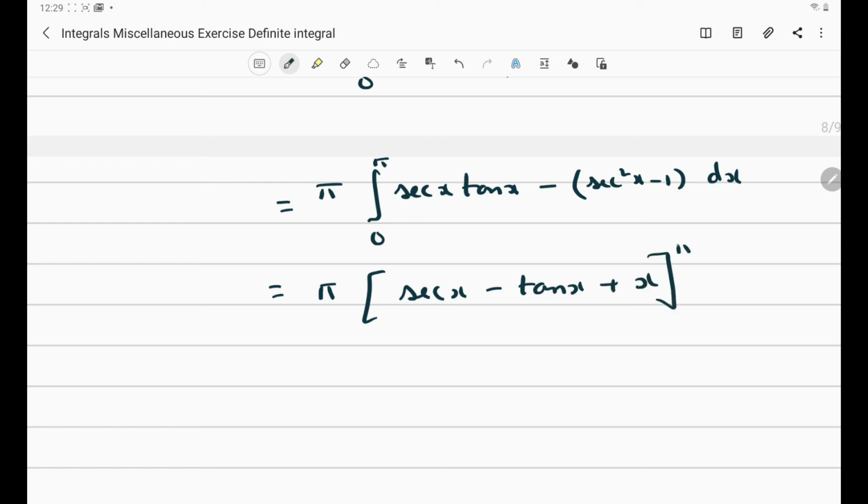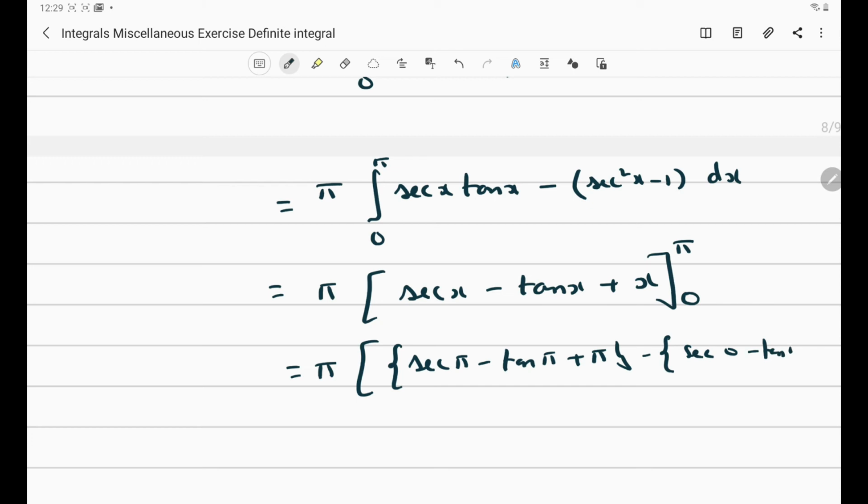We substitute the upper limit as pi and lower limit as 0. So pi times, if we substitute the upper limit pi, we get secant pi minus tan pi plus pi, minus, if we substitute the lower limit, secant 0 minus tan 0 plus 0.